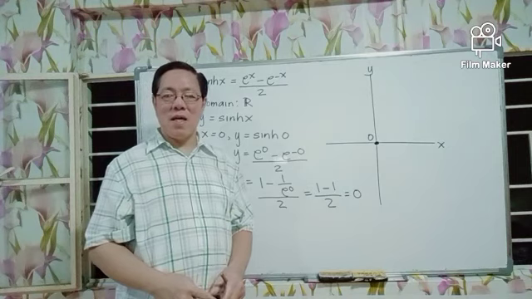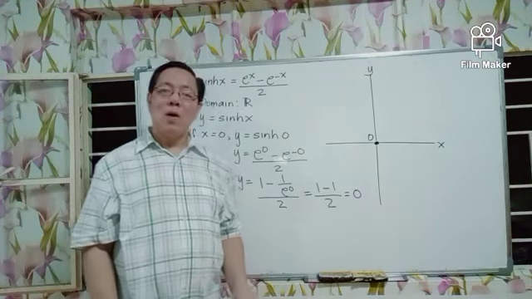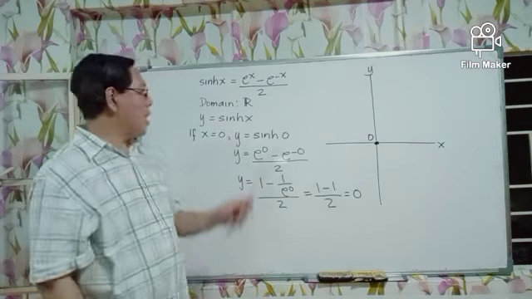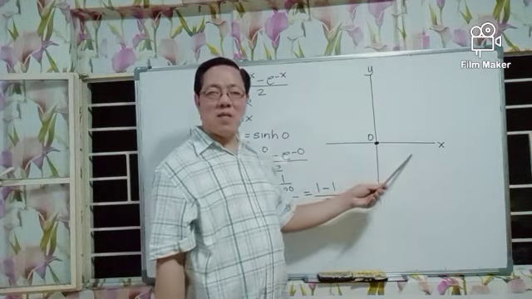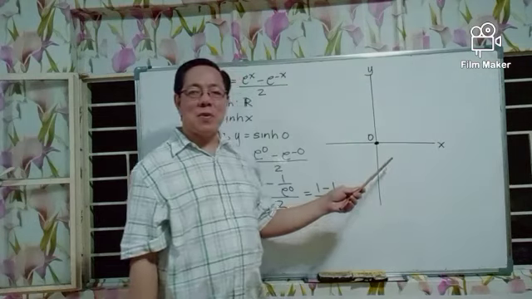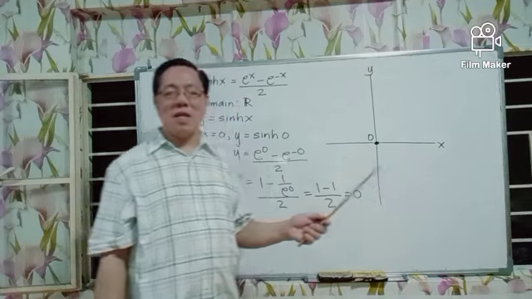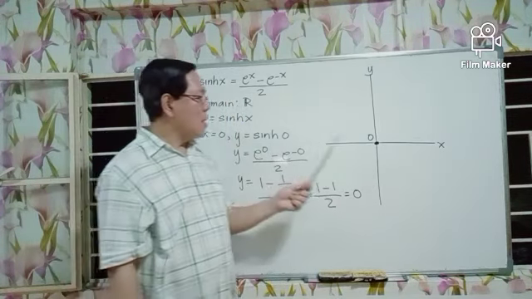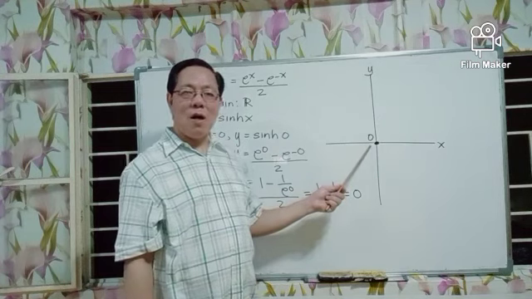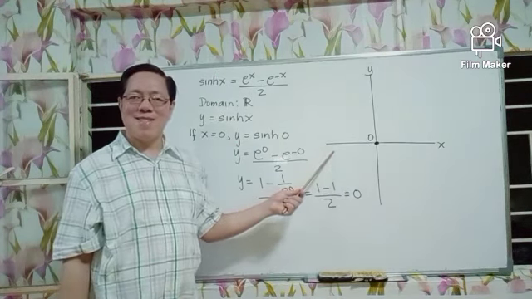Now we investigate, as we did in hyperbolic cosine, what happens to the value of the hyperbolic sine of x if x approaches positive infinity, or if x approaches a very, very large number. Also, we investigate what happens to the value of the hyperbolic sine of x if we assign values of x that are decreasing, approaching negative infinity.